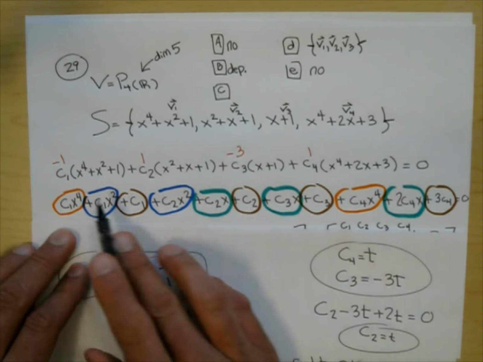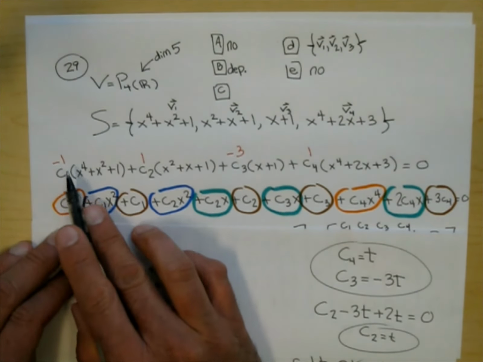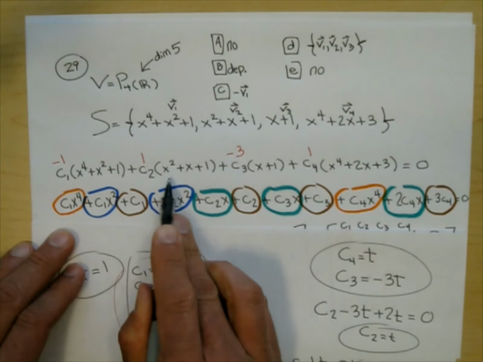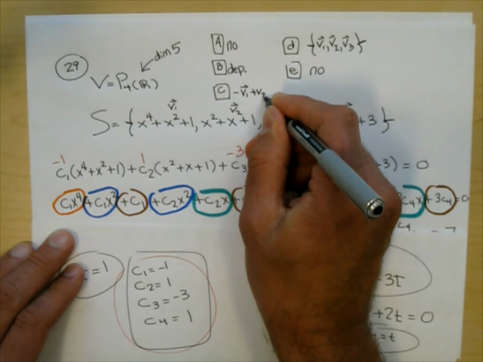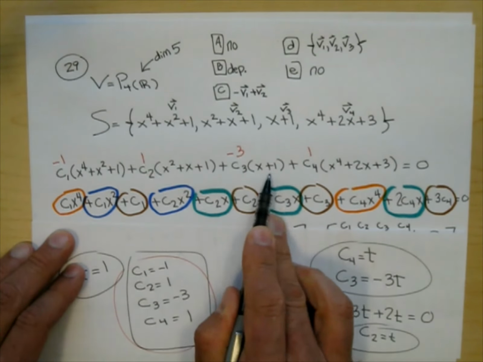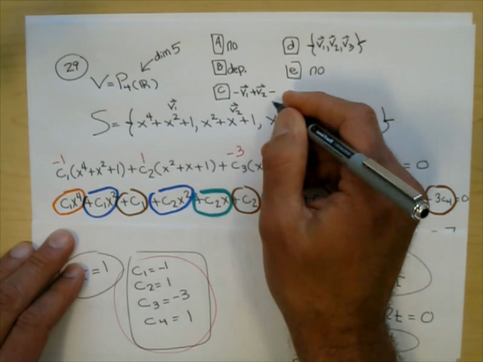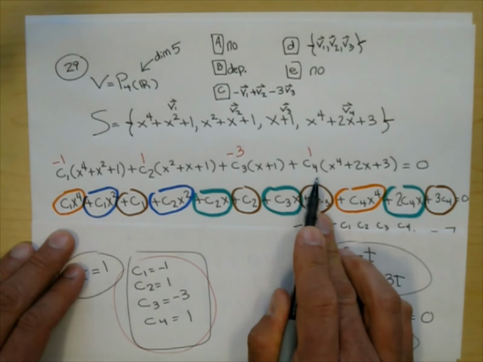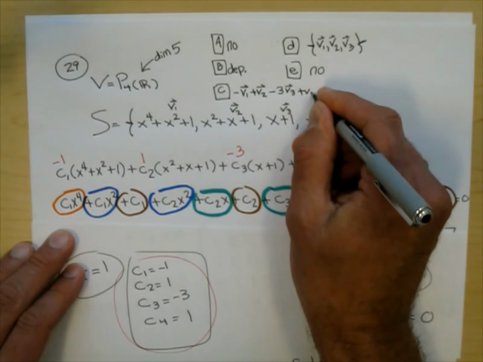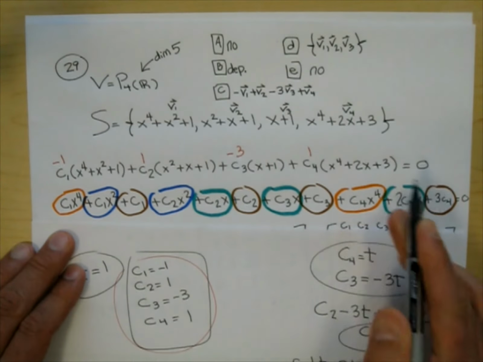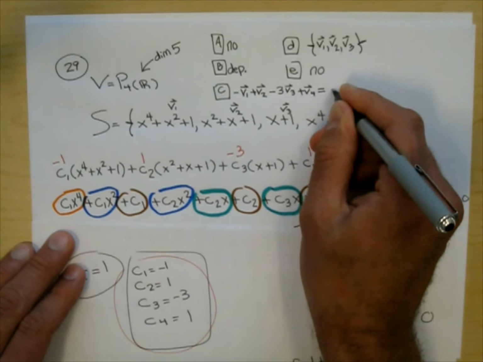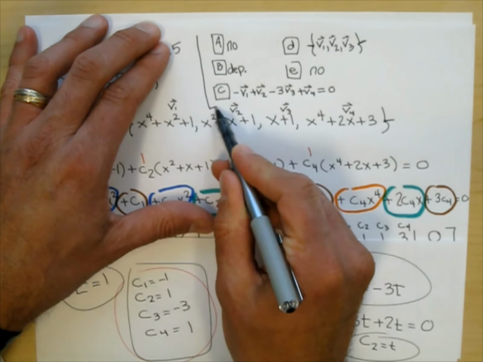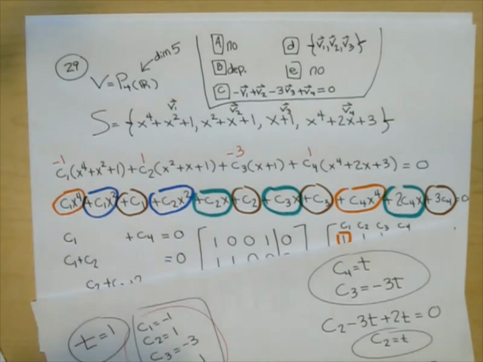And so one way I can write the dependency relationship is minus 1 V1, so minus V1, plus 1 V2, so plus V2, minus 3 V3, plus V4 gives me the 0 vector of P4, which is just 0. And so we have answered all 5 questions.